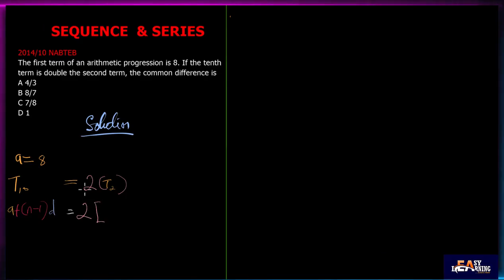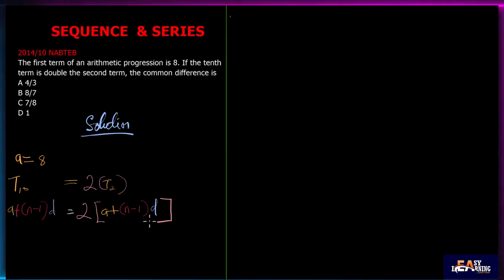Let's have the first bracket here, and the second term using the formula is a plus, of course the internal bracket (n minus 1), everything multiplied by d, and we close our square bracket, because the 10th term is equal to 2 times the second term, and this T2 is what we are having inside this square bracket.